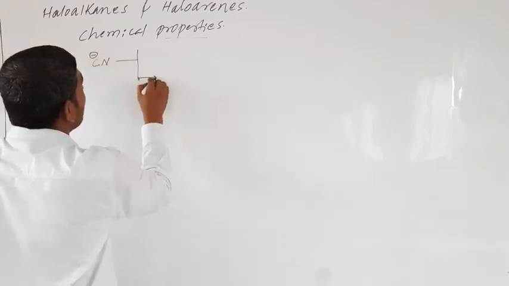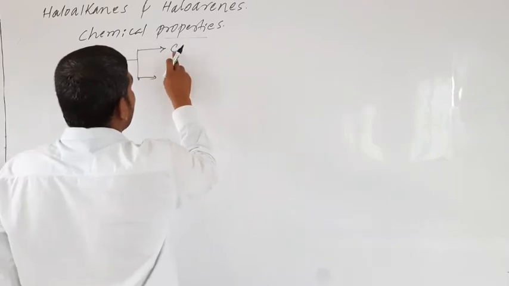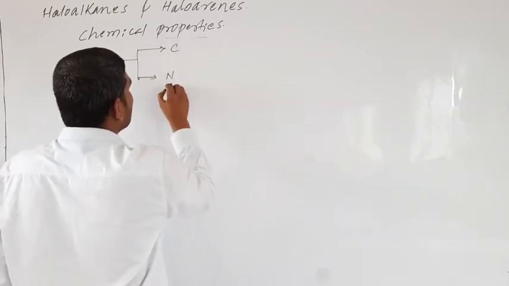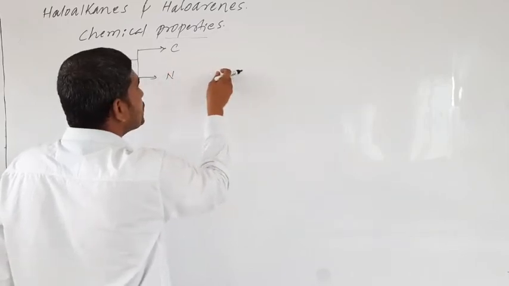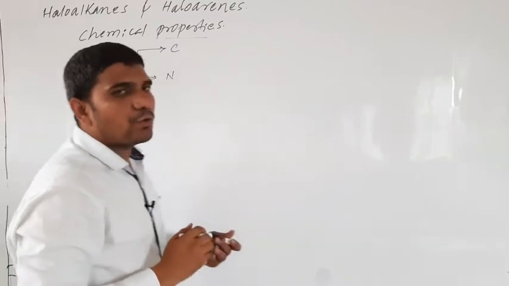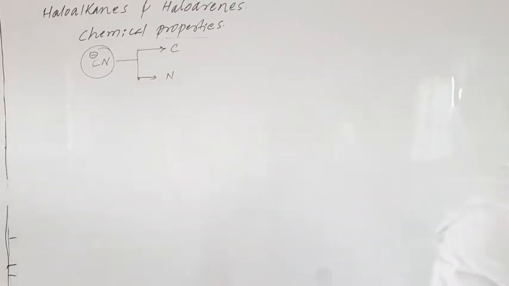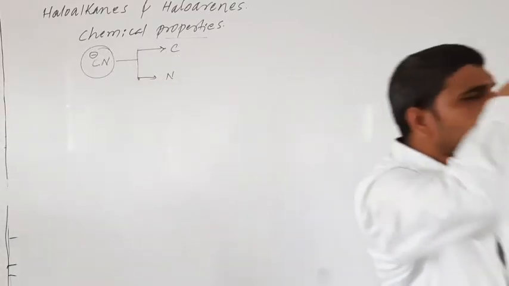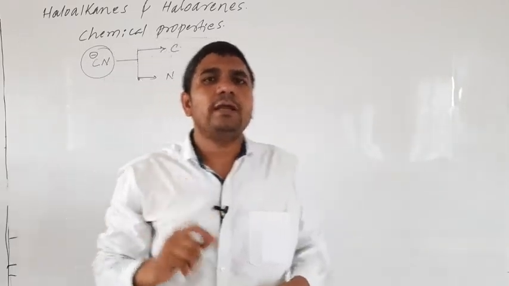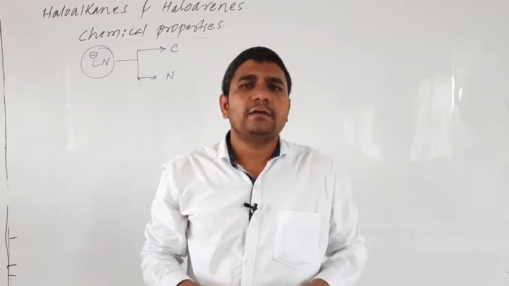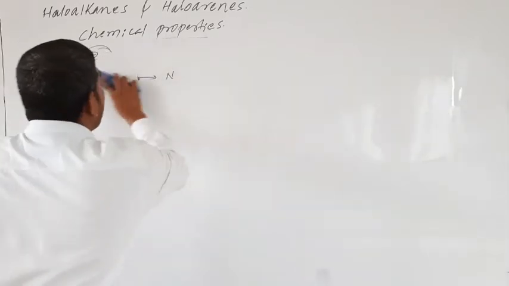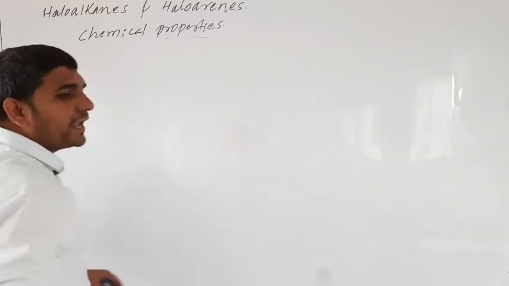One is carbon. When it attacks through carbon, alkyl cyanides are formed. When it attacks through nitrogen, alkyl isocyanides are formed. This is also an ambident nucleophile. Understood? What are ambident nucleophiles? Nucleophiles which attack through two different attacking sites or donor atoms are called ambident nucleophiles.